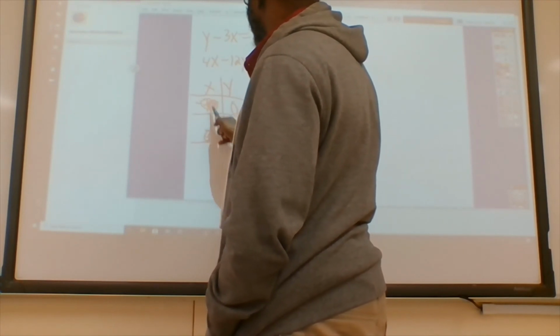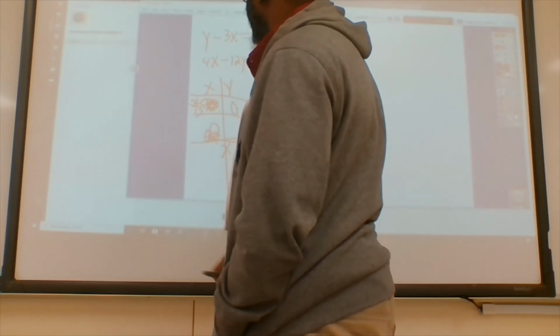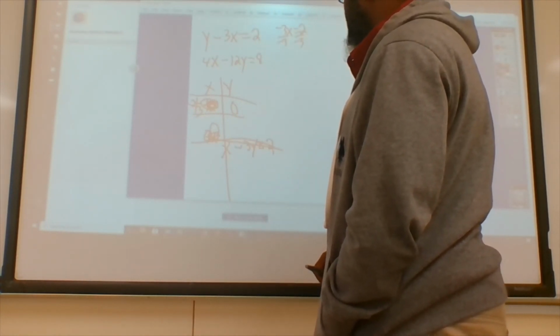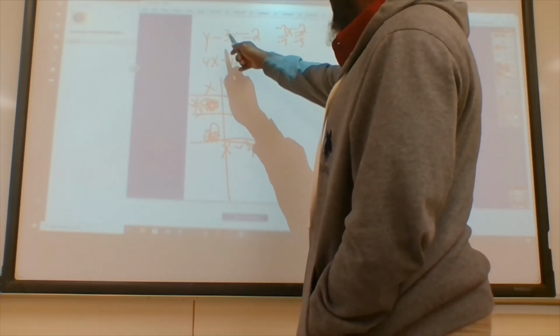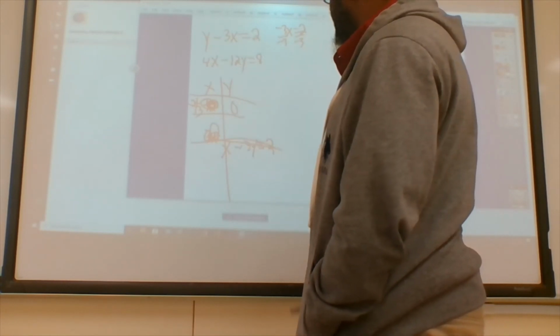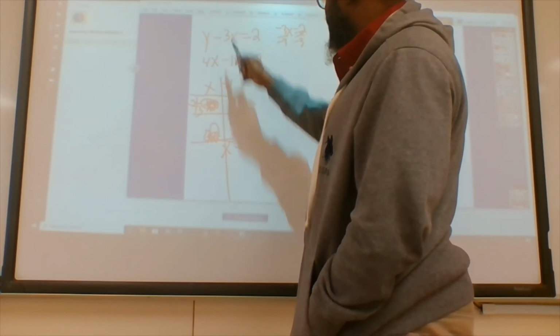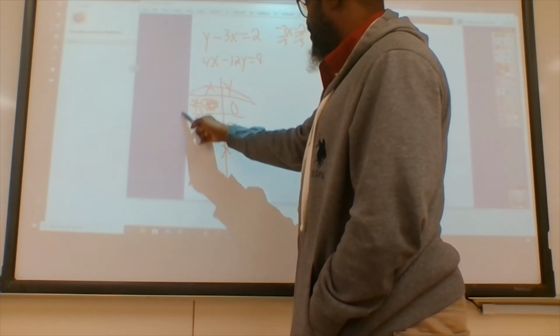It's the other way around. It's negative 2/3. Be careful. I just made the mistake myself. So when y is 0, you divide both sides by 3, and you will have x as negative 2/3. When I let x is equal to 0, then y is 2. So this is my point.